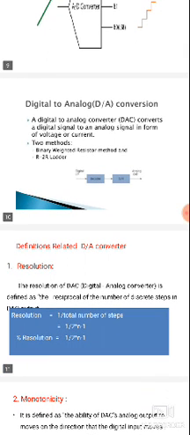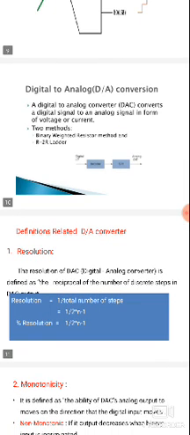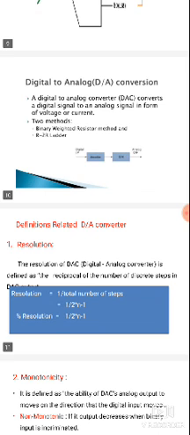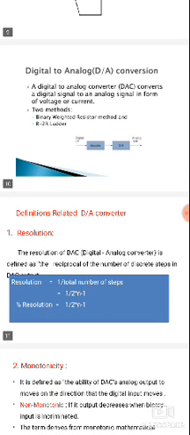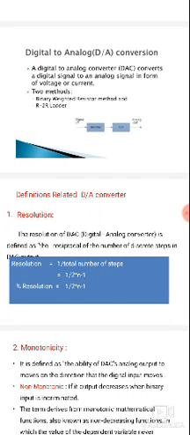Next, for the digital to analog converter, we give the digital input and get the analog output. The digital input is in the form of binary or discrete inputs like ones and zeros, and the output of the D to A converter is in the form of voltage or current.